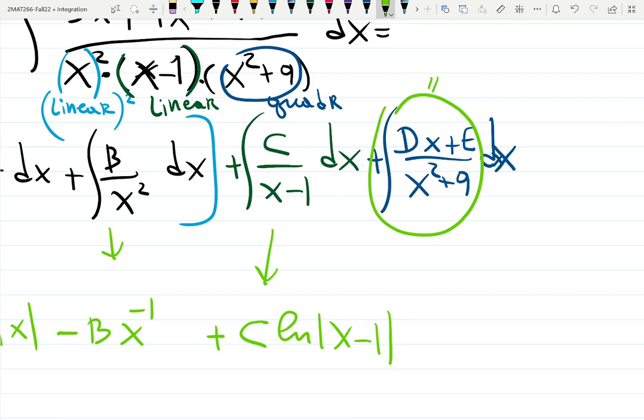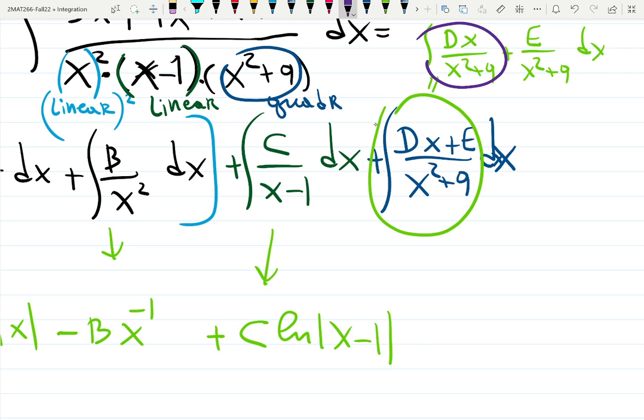Break it into two integrals, which will be D times integral x over x squared plus 9 dx plus integral E over x squared plus 9 dx. Then the first one is done using U substitution. The first one is U sub, figure out. But the second one, let me put it in red. Do you know the answer for the second one?